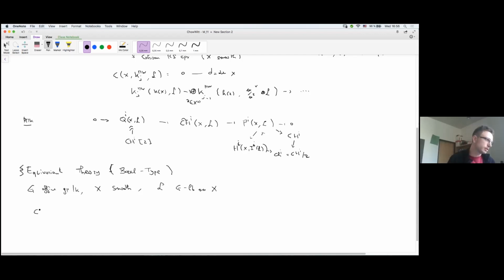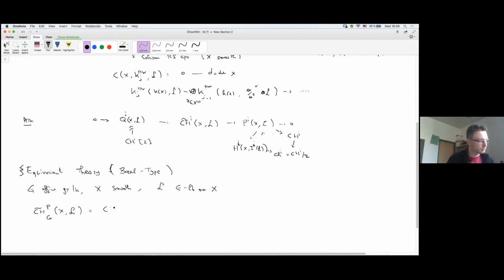And as I said, the Chow-Witt group, at least in codimension P, equivariant with respect to G with coefficients in L, is defined as follows.